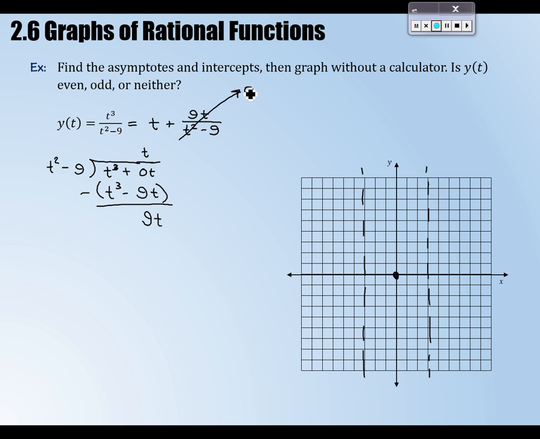It just behaves like y equals t. It's always just the quotient on top that gives you the slant asymptote. This whole fraction is just 0 out at infinity. So the picture of this is going to look something like this.